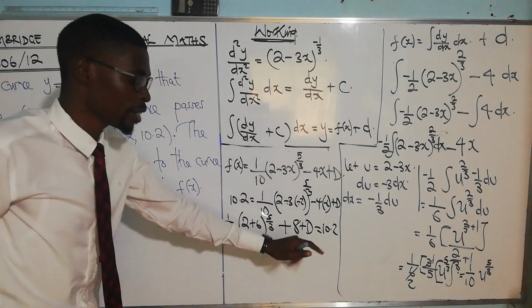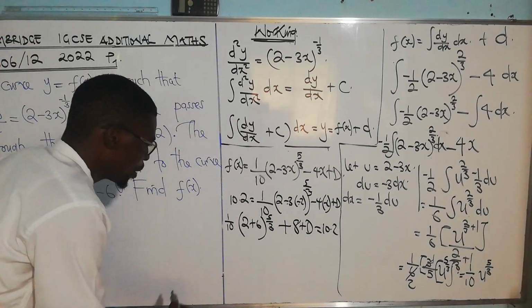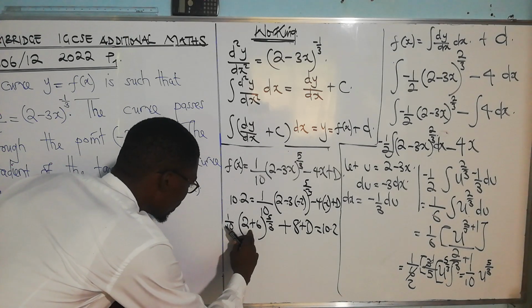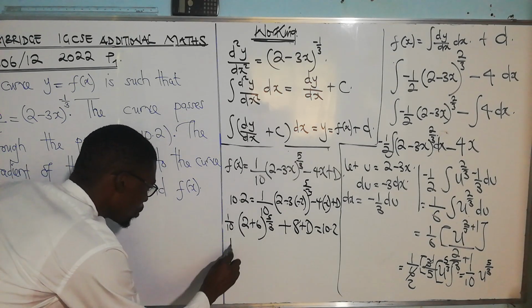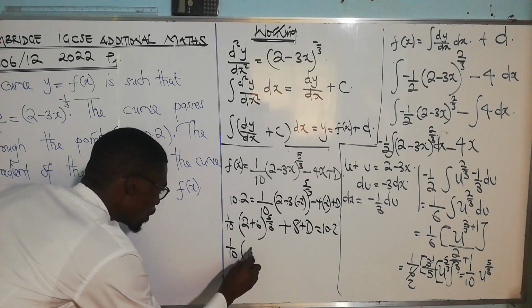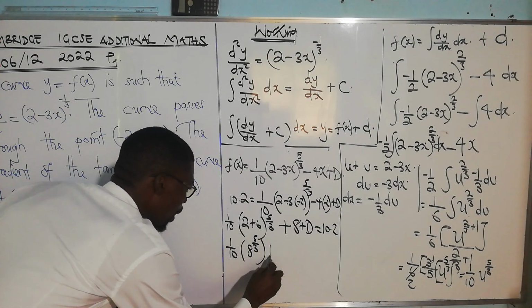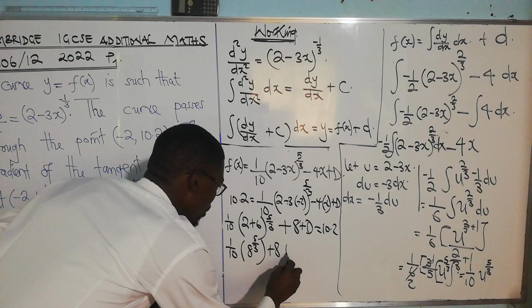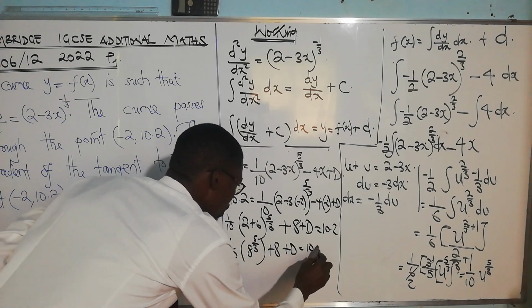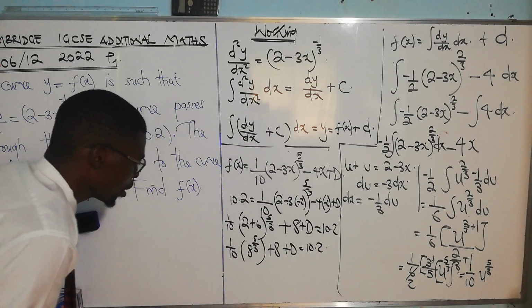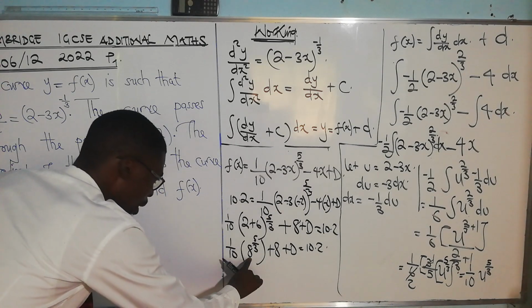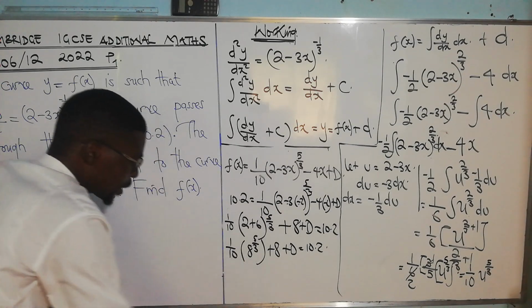So we can simplify this work. It's so easy to do. 2 plus 6 is 8, so you have 1 over 10 times 8 to the power 5 over 3, plus 8, then plus d giving us 10.2.